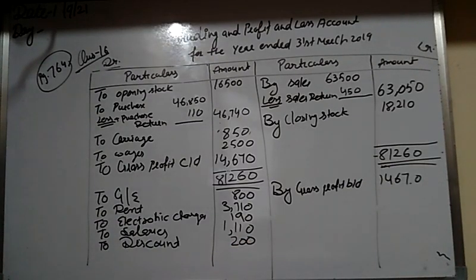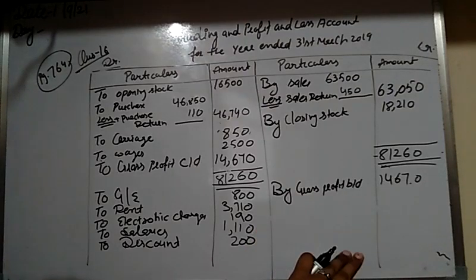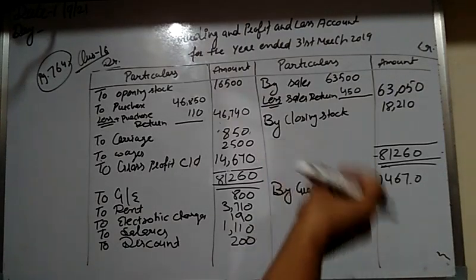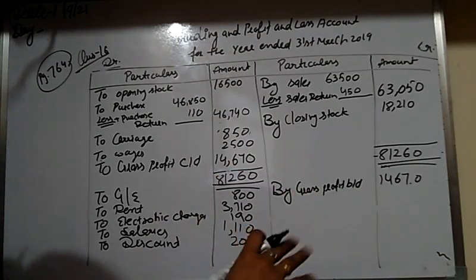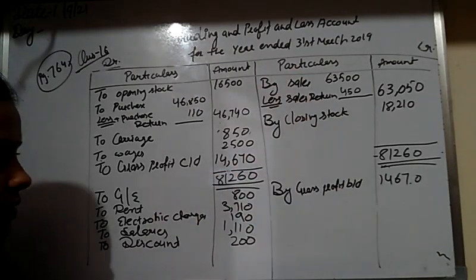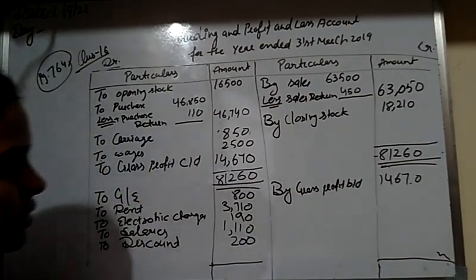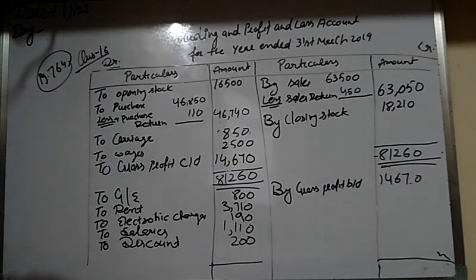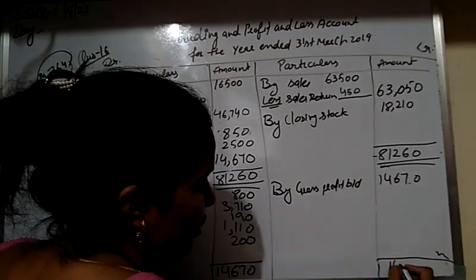Okay, students, now everything is done. No income is there, so we do not record any item on the credit side, because in the profit and loss account all expenses are on the debit side and all incomes on the credit side. No income is there. So do the total to carry it down. The total of the credit side is more, so we write the total of the credit side, 14,670.